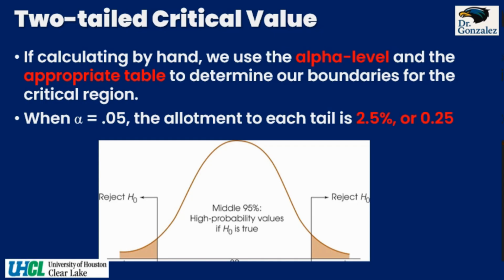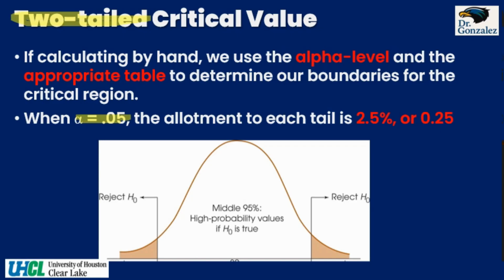I just want to know if they're related to each other. When we do that, we are doing a two-tailed test. In a two-tailed test, your 5% from that alpha level is going to be divided into each tail.